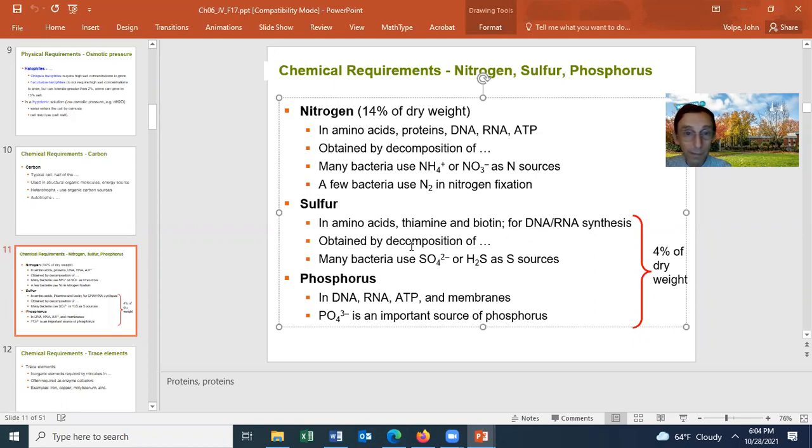Most organisms obtain sulfur from the decomposition of proteins, but many bacteria can use sulfate or some hydrogen sulfide as their sulfur sources. And if you don't know, green plants can use sulfate. We have to get it from an organic molecule.